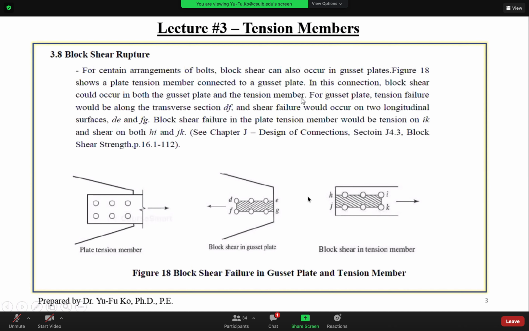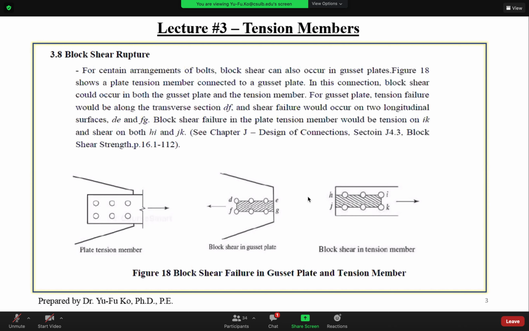So please be careful. For this case, you need to calculate the block shear strength limit states for the gusset plate as well as the tension member.